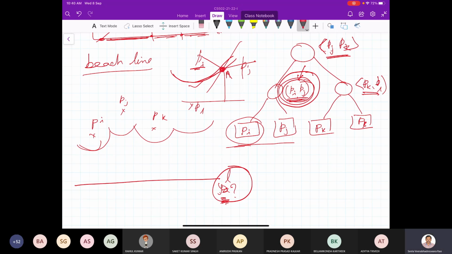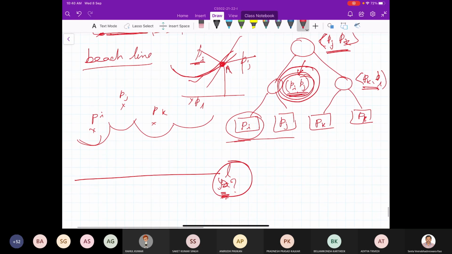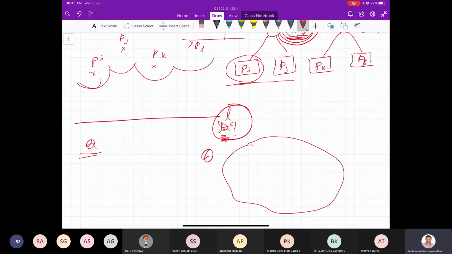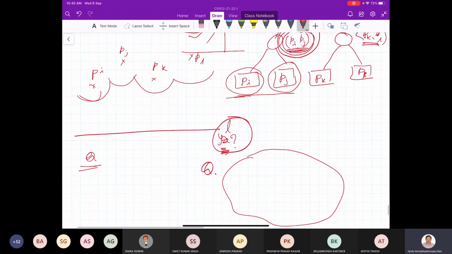Now, coming to the third data structure, that is the event queue. We use a priority queue itself to store all the events. Nothing fancy about this one. The only thing is, suppose for the parabola in the middle of Pi, Pj, Pk there is a circle event.